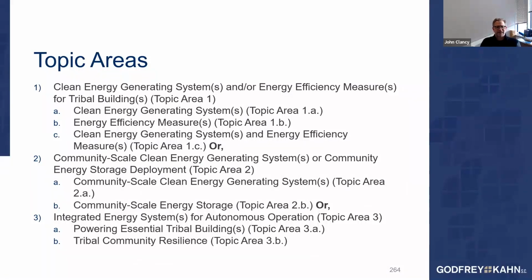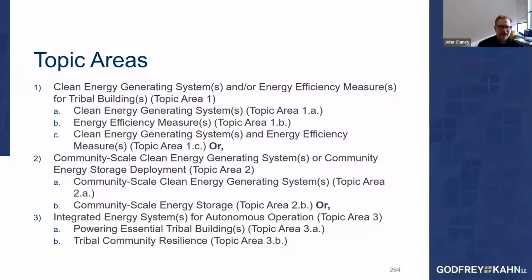Topic area 1 is for clean energy generation systems. So facilities like solar or wind or whatever that produce energy, and/or energy efficiency measures for tribal buildings. So this would be where you're doing work on one or more tribal buildings, and your project would be, let's say, a solar project on that building or other clean energy generating systems, or energy efficiency measures.